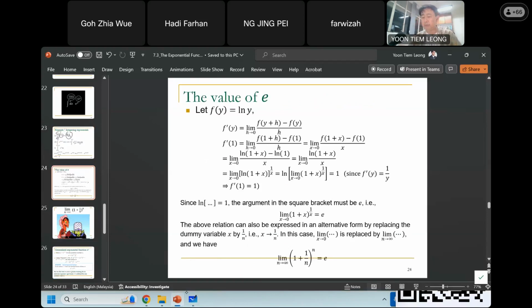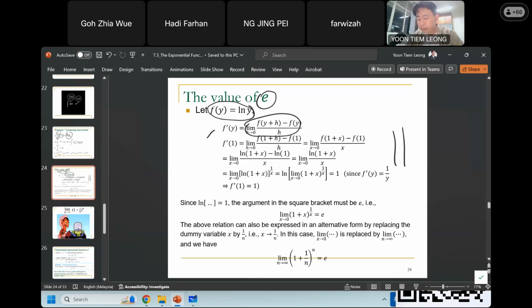So here is a very simple calculation that tells you the exact value of e. If you take, for example, the logarithmic function of y to be f(y), then you take the first derivative of the function and you write the derivative in its definition form. Then you make some simple steps and just follow through these steps.